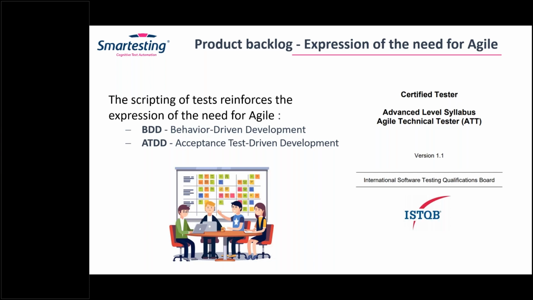For those who may not have had the chance to look at such things, ATDD is acceptance test driven development, and BDD, behavior driven development, also sometimes called specification by example, or SBE for short. Behind these names appear practices very similar in their philosophy, but different in their positioning and implementation. So in this webinar, we compare these two approaches positioned at different levels in the cycle of refining the expression of need in Agile.